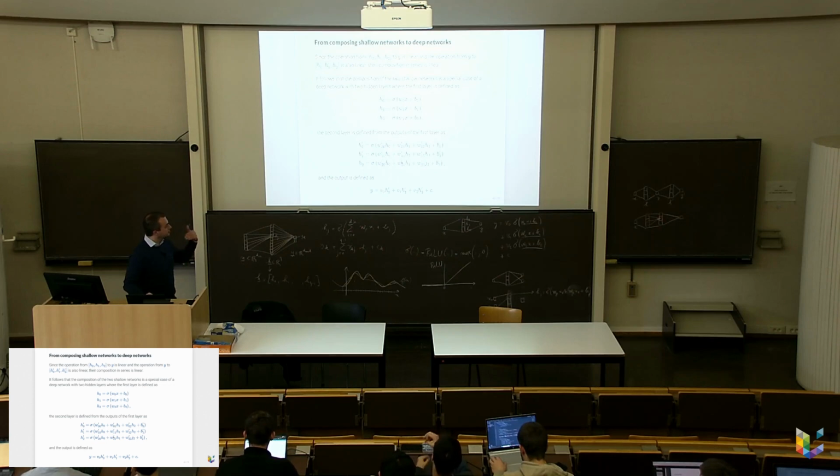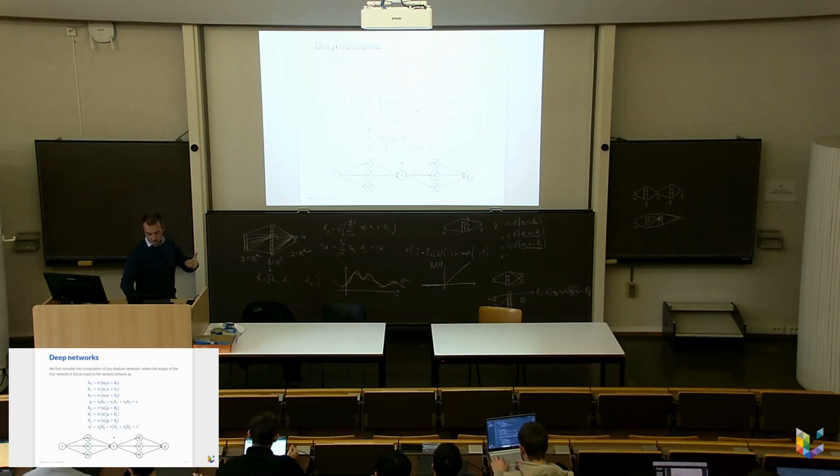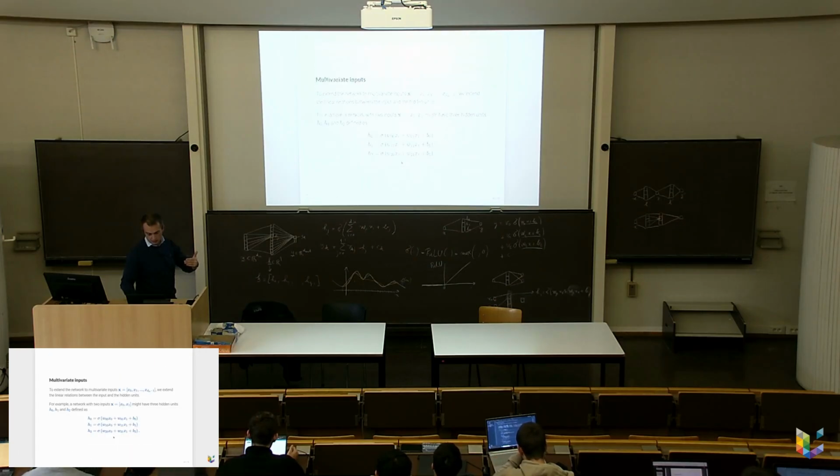So we could have something like this. Now it's as if the second layer was similar to the multivariate input case, where the input is not x, but the three-dimensional vector that we've produced through the first layer.